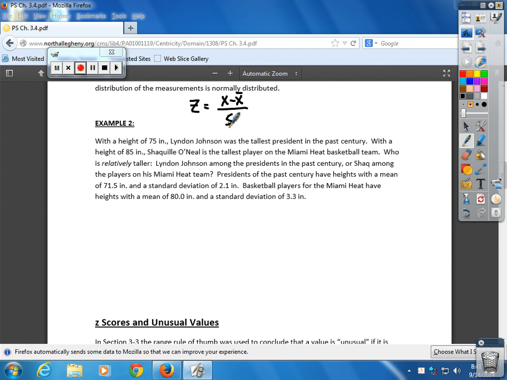Natural born U.S. citizen and 35 years old. There's no height requirement for being president. But is there an advantage to being a tall president? No, there's not an advantage.